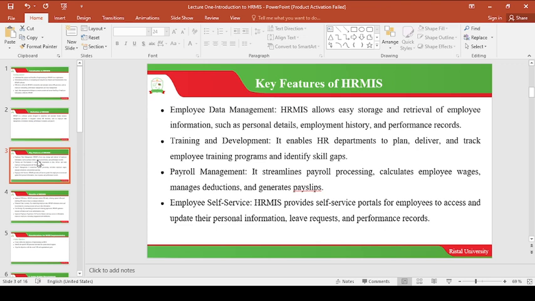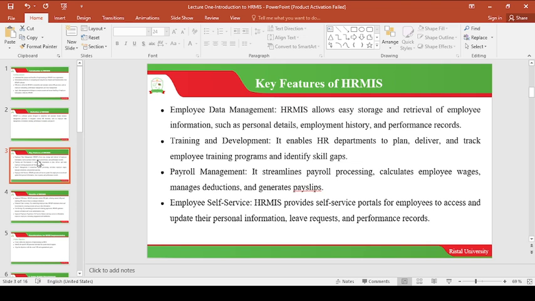So it helps the management easily retrieve such information if they want to make use of it. Otherwise, if you put it in a hard copy or in a file, you can't search the employee's name. What you need to do is to go file by file, paper by paper.